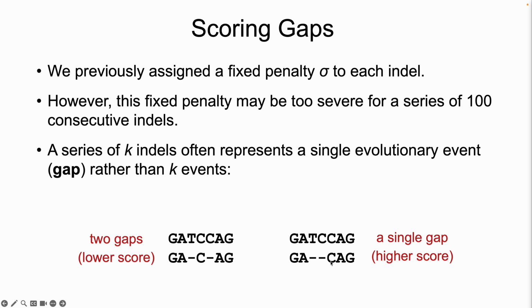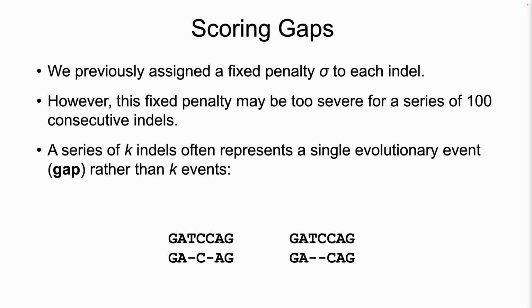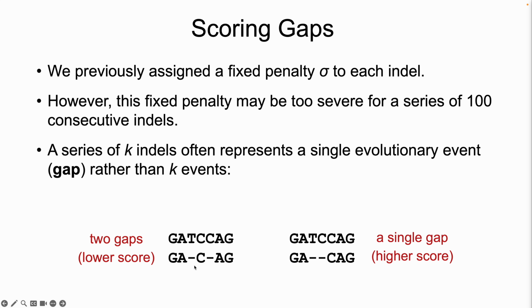This is called affine gap penalty, where the gap opening and the gap extension have different weights. Almost always the gap opening gets penalized more than the extension. So opening two gaps is penalized more than opening one gap and extending it.